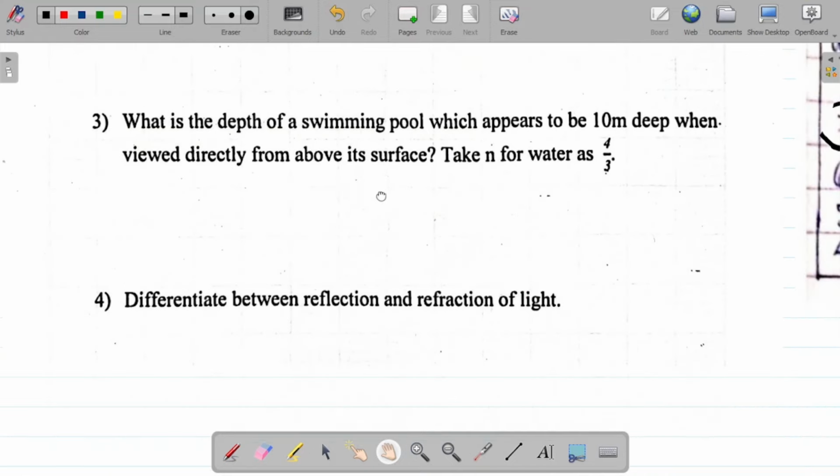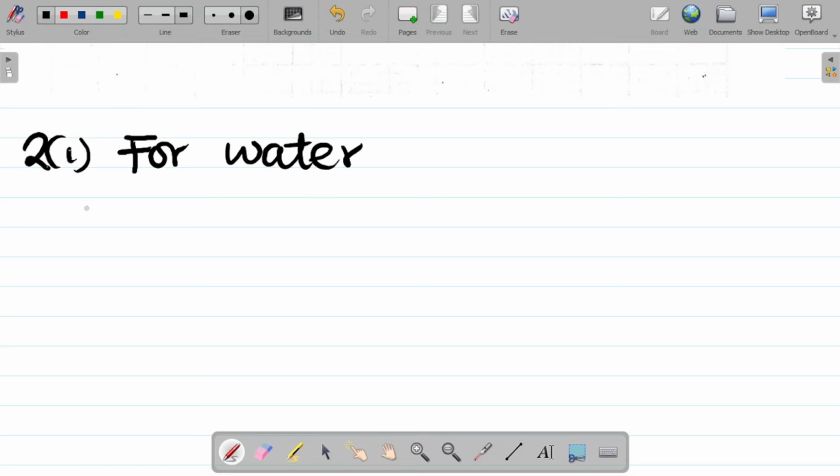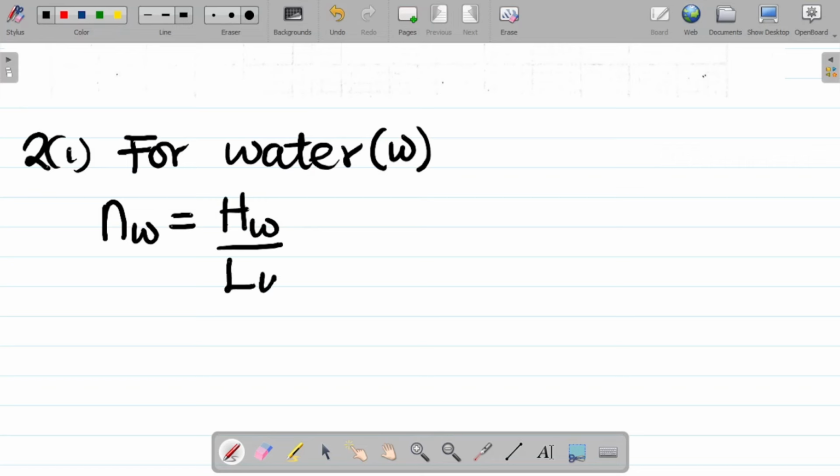Right, number 2. So come down to number 2, which we said is called the refractive index. Let's start with water. So for water, they gave us the relation that n. So let me say n of water. Let me use W as water. Okay, n of water is equal to, the relation was h over L. So I'll call it h of water all over L of water.